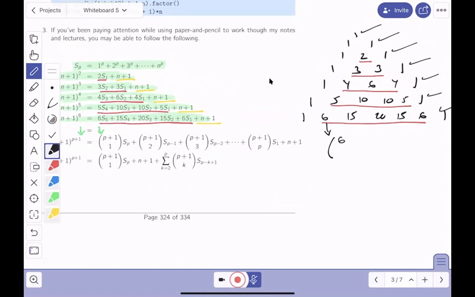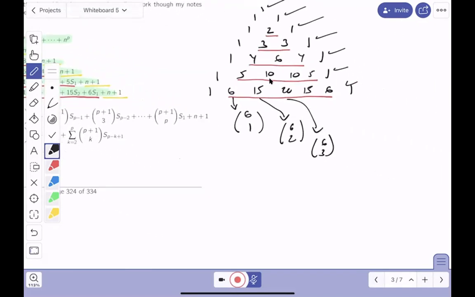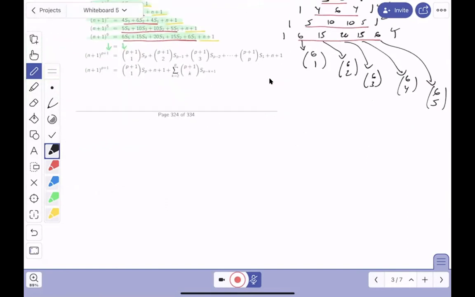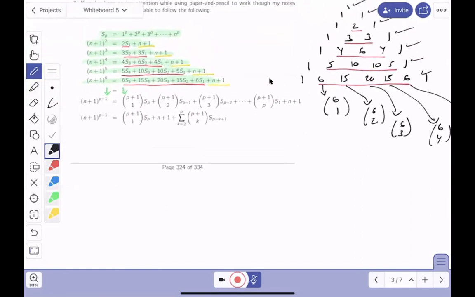And again, if you're counting in, you might go 0, 1. And what would this one over here be? This would be 6, 2. This one, 6, 3. This one, 6, 4. This one, 6, 5. If you have any past recollection of the binomial theorem, I hope you have that recollection here.